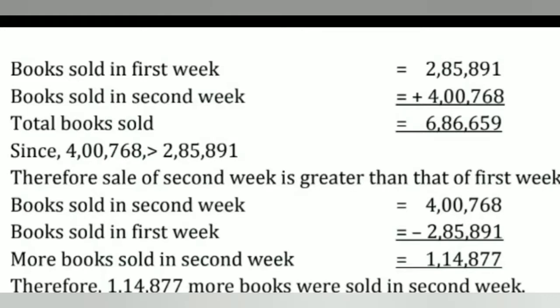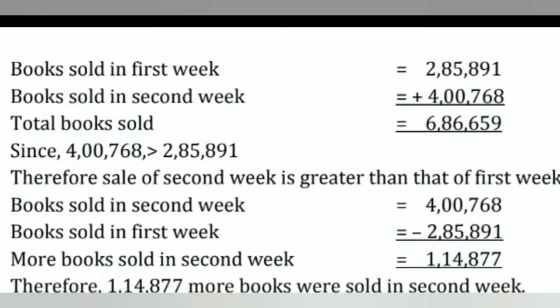Books sold in second week, this is 4,768. So total books 6,86,659. Since 4,768 is greater than 2,85,891, therefore sale of second week is greater than that of first week.